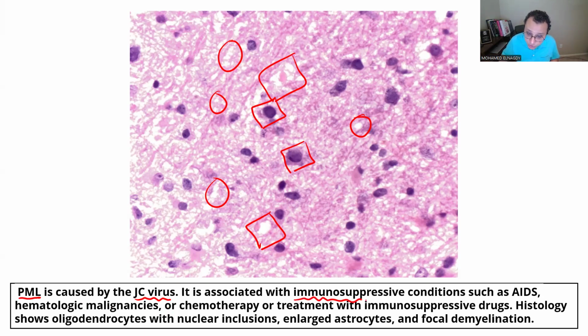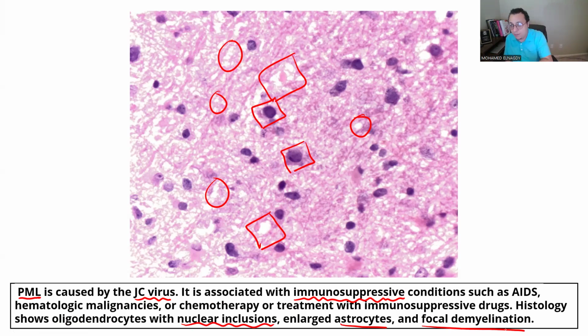It's highly associated with those who are immunosuppressed, such as those who have AIDS or some hematological malignancy, taking chemotherapy or immunosuppressive drugs. The histology would show oligodendrocytes with nuclear inclusions and some enlarged astrocytes with focal demyelination. You'll see demyelination in the background.